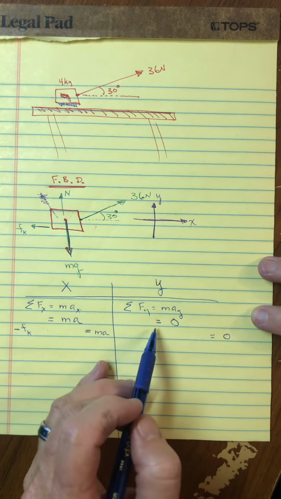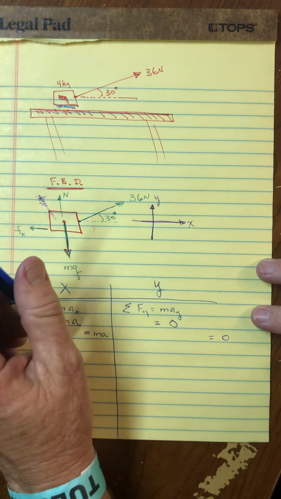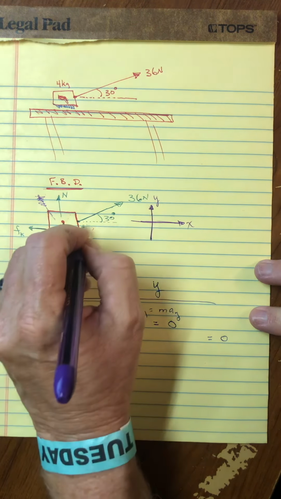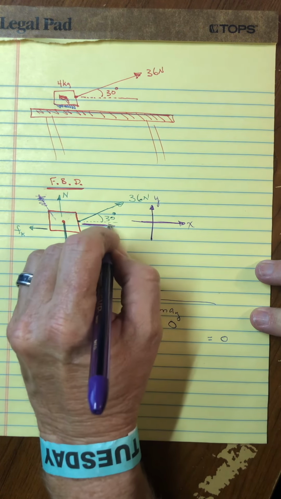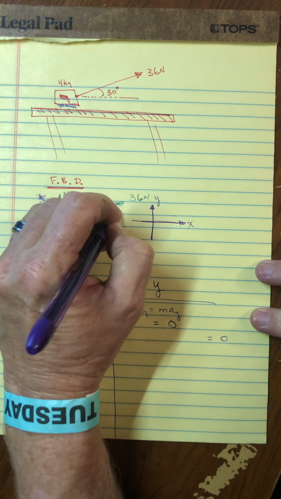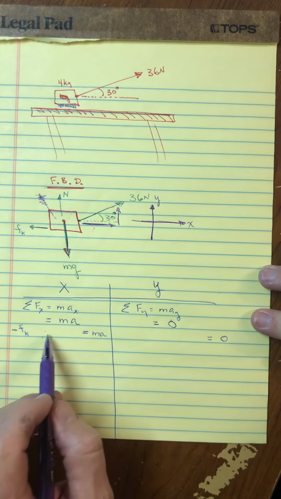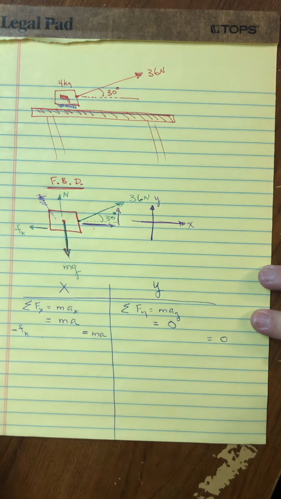It'll go over here. And maybe the harder one is right here, where we're going to have to look at this in terms of its components. That is, this 36 would have so much along the x-axis and so much along the y-axis. And to get the part along the x-axis, which I would want here, I would want this piece, which is adjacent to the 30 degrees.